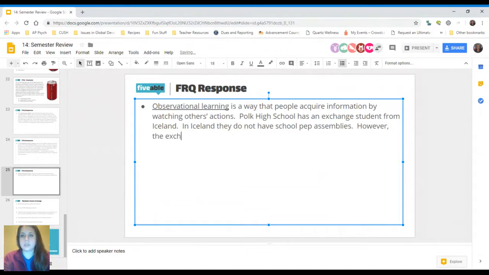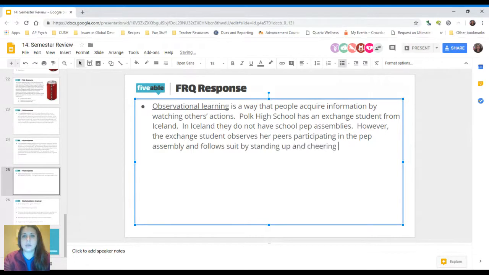However, the exchange student observes her peers participating in the pep assembly and follows suit by standing up and cheering at appropriate times. Therefore, observational learning has occurred. So that could be another way.